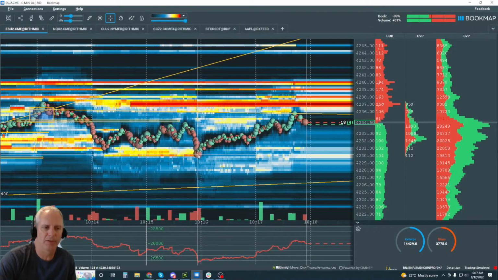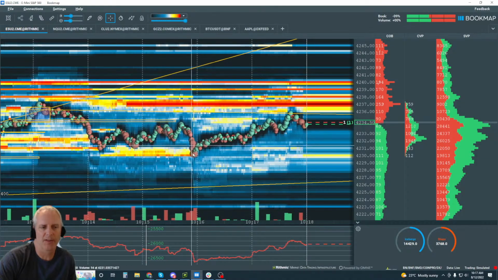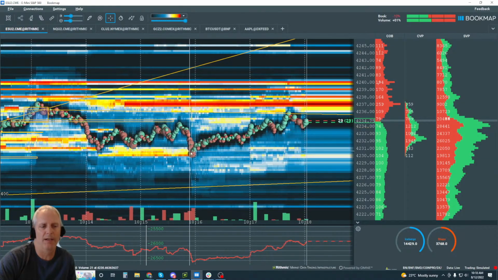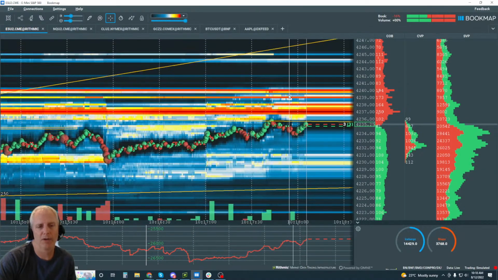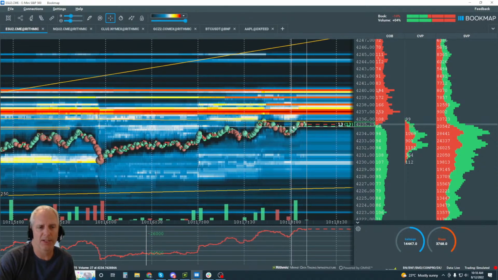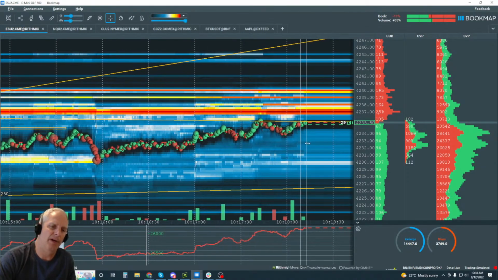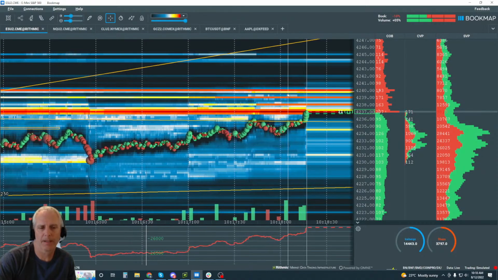Therefore, divergences are really easy to spot, because if price stops and they continue to hit into high liquidity, but price stops, you get a divergence. That's just one way to look at it. There's other ways. There's negative divergence. You know, maybe you see price spike up, but you don't see cumulative volume delta really spike up.